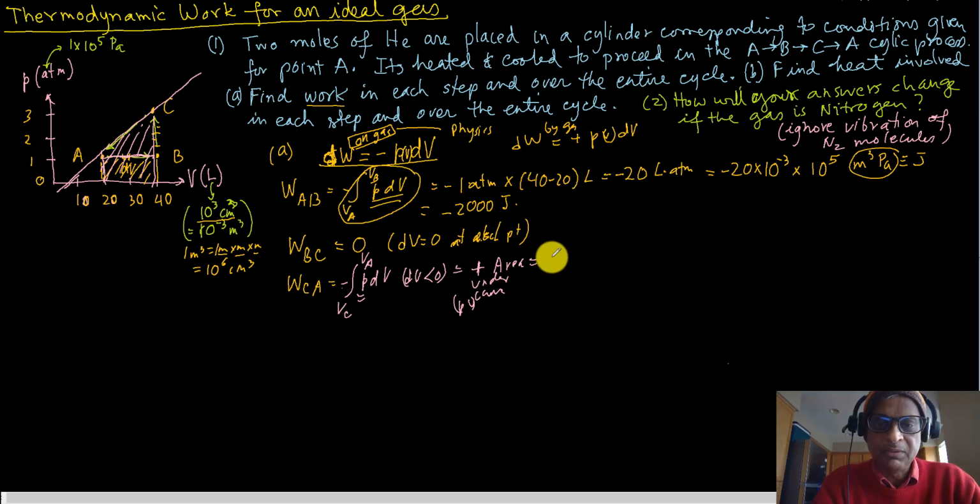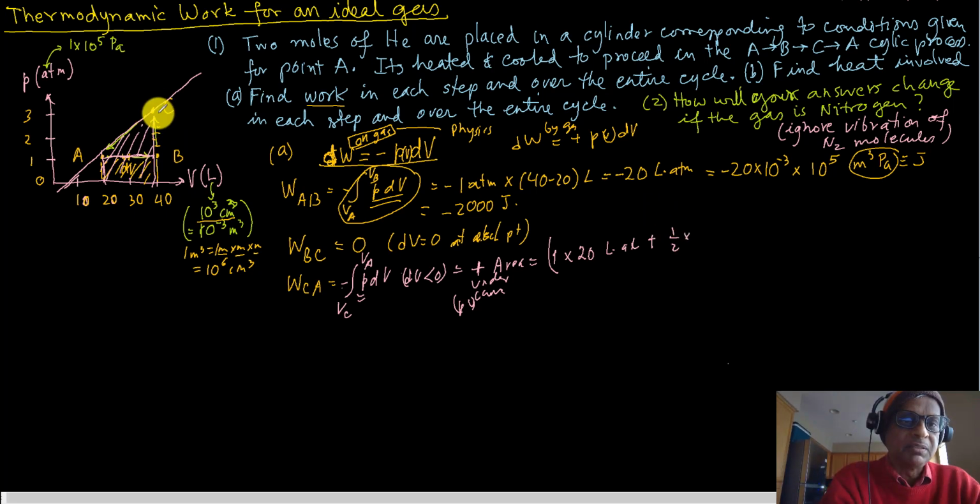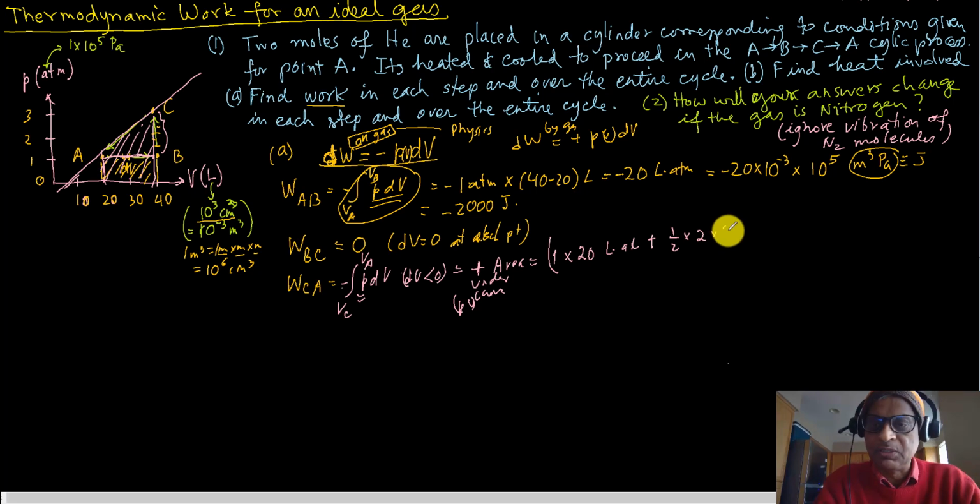The area of the rectangle we already found: 1 times 20 liter atmosphere, negative there but positive here. Plus the triangle: half times the height, 2 atmosphere, times the change of 20 liter atmosphere.